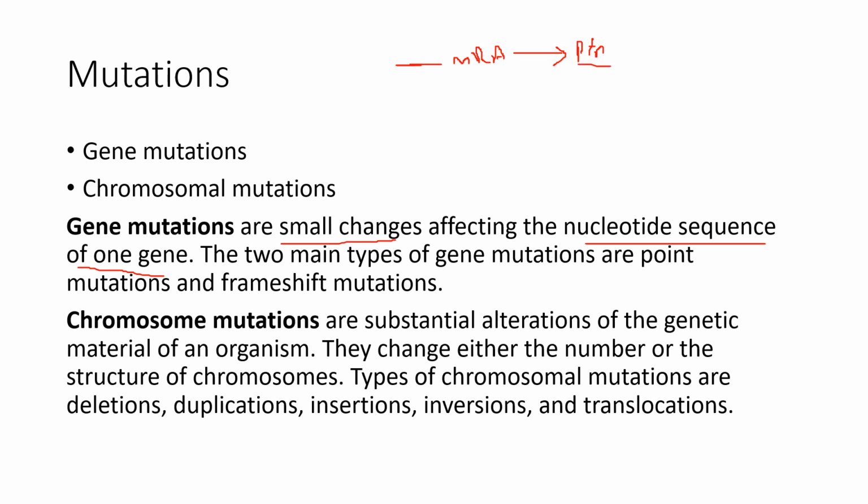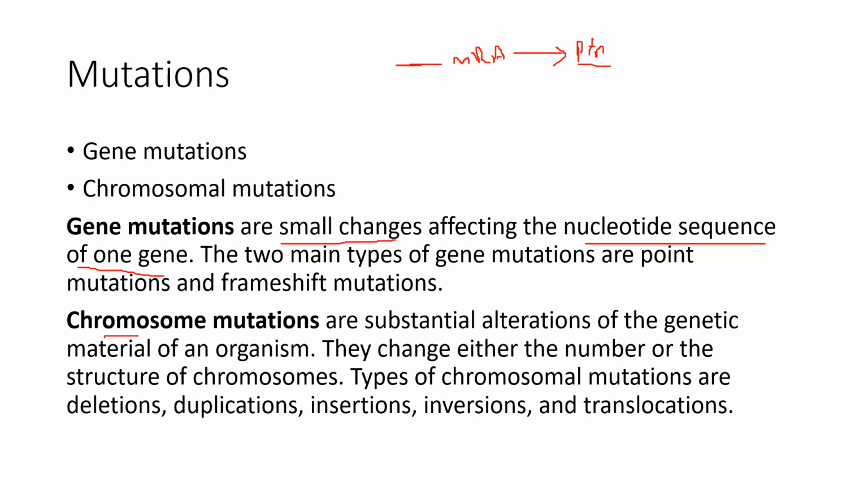The proteins are produced. So small changes affecting the nucleotide sequence of one gene is the gene mutation. The two main types of gene mutation are point mutation and frame shift mutation. We will study these in detail in the next slide.